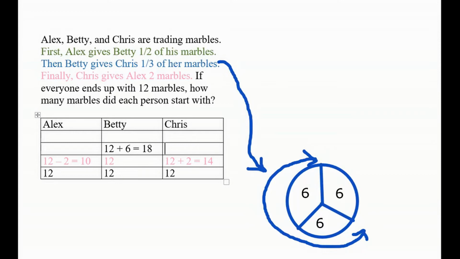And since Chris received those 6 marbles, we're going to subtract 6 from Chris's number of marbles, and we get 8. And at this point in time, Alex still had 10 marbles. Nothing changed for Alex. And let's change this color to blue.